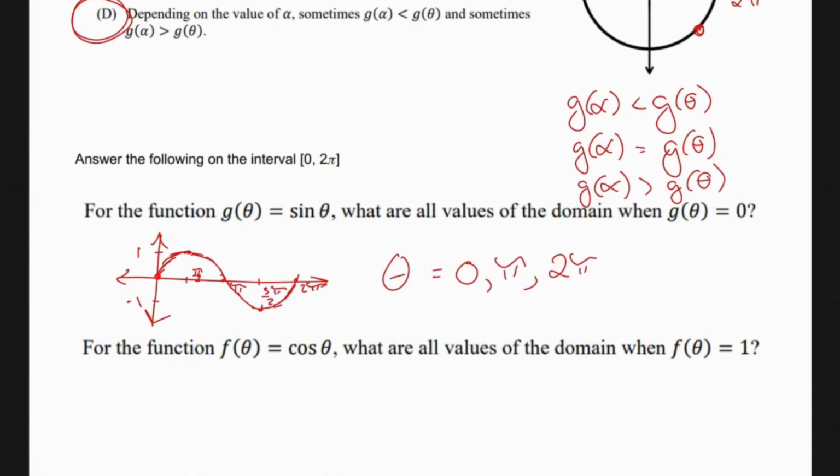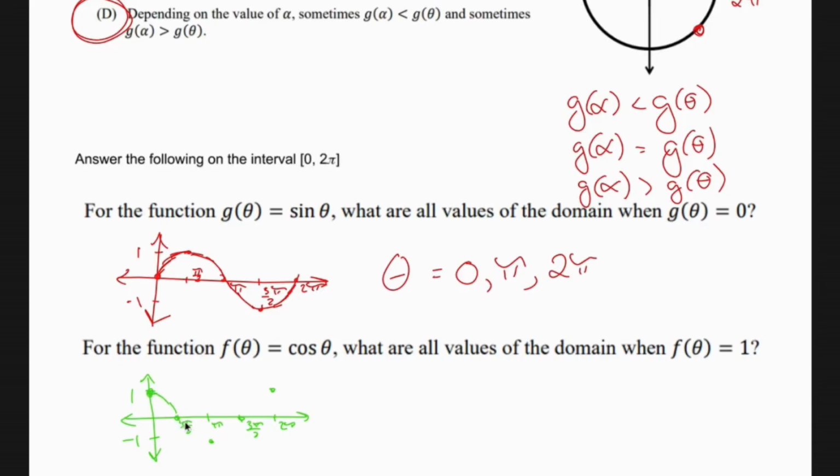Now we have cosine. I'm going to sketch cosine. It starts out at 1 and bottoms out at negative 1. At pi over 2, it hits 0. At pi, it bottoms out at negative 1. At 3 pi over 2, it hits 0. And at 2 pi, it hits 1.